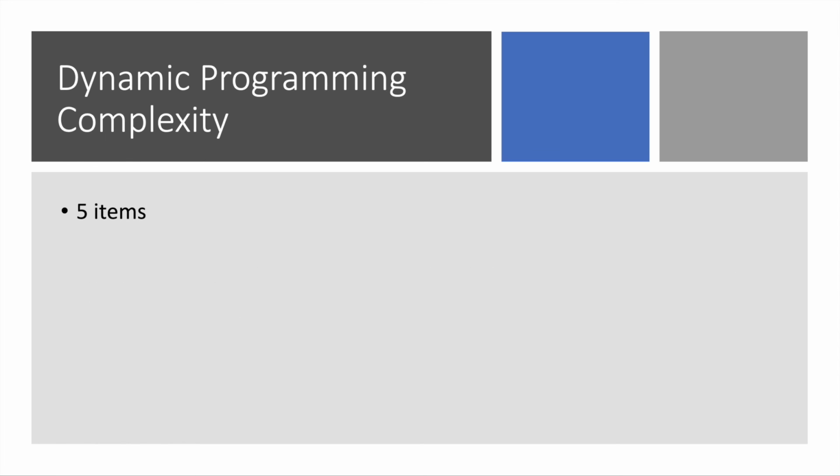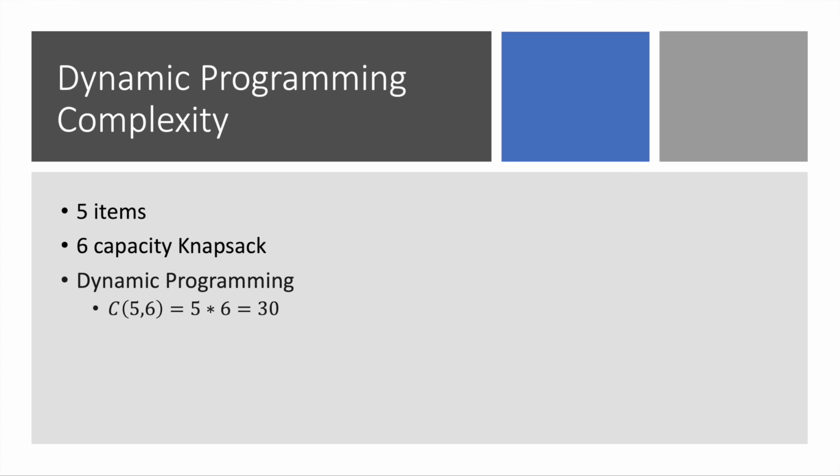So for a knapsack problem with 5 items and 6 capacity knapsack, the dynamic programming will need to fill 30 cells with information, whereas exhaustive search will need to go through all 32 possible solutions. This means we need to evaluate 30 cases for dynamic, but 32 for exhaustive. In this case, there's not much savings.